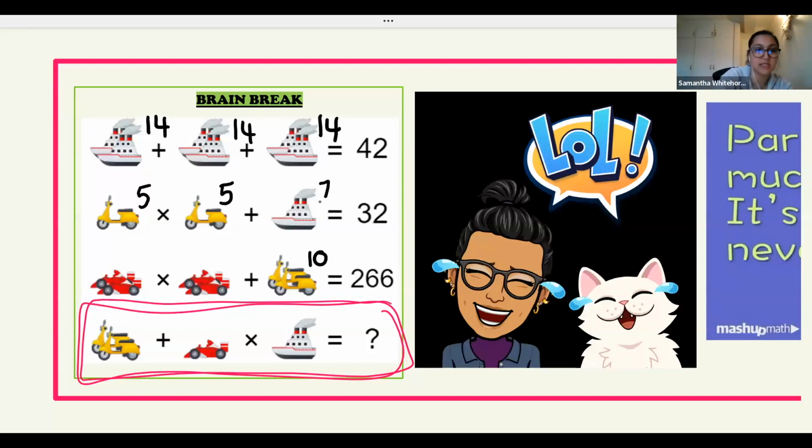So the race cars are 16. Then what I said by the 10 was that 2 scooters gave me 10. Then if 2 race cars gave me 16, 1 gives me 8. Then I said times 7.